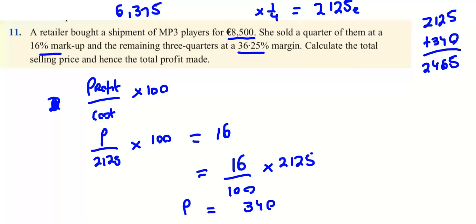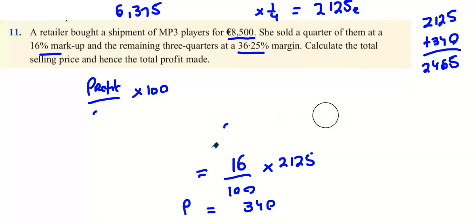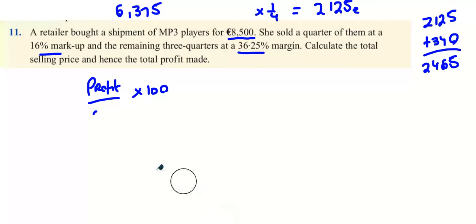Okay, next part, what we're doing this time is margin. So margin is profit divided by selling price multiplied by 100, and this equals 36.25.